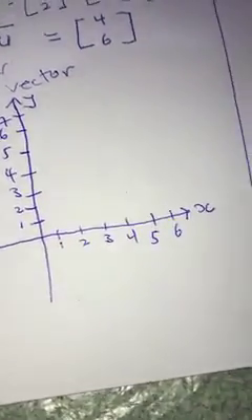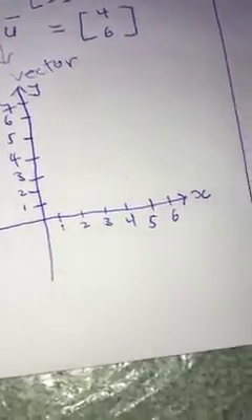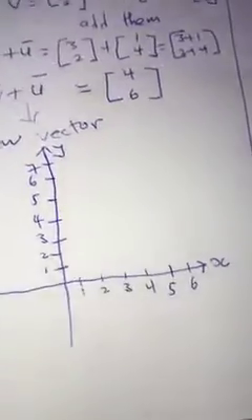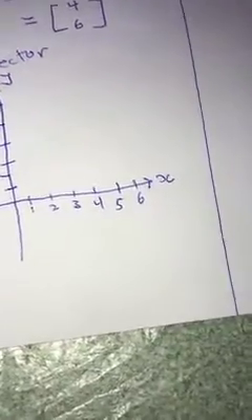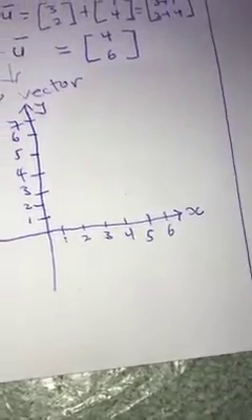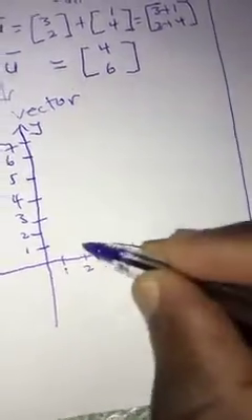Alright, so let's start with vector V. What was vector V? 3, 2, isn't it? Vector V was 3, 2. So let's start from the origin.